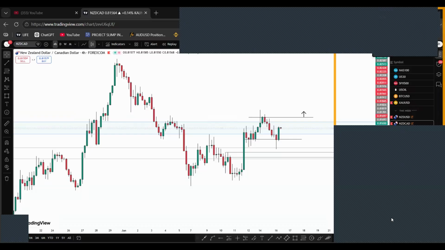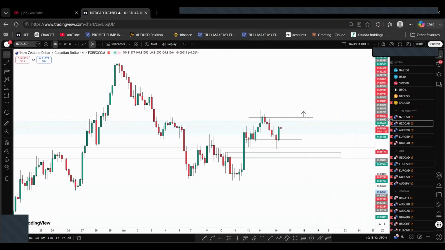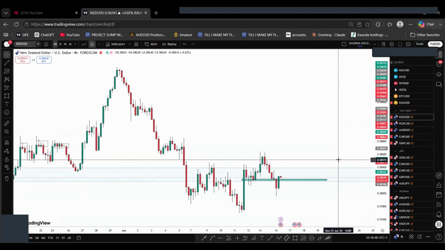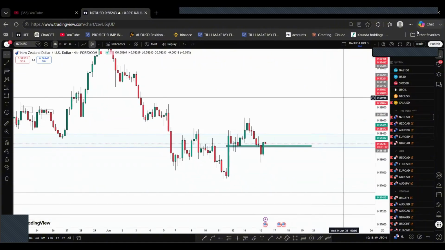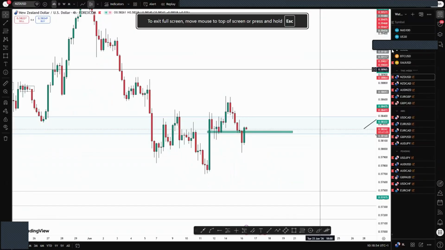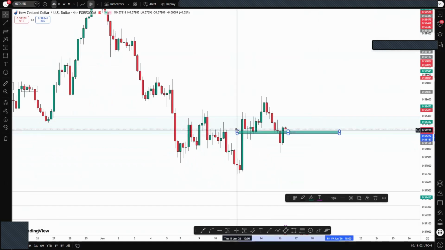Welcome back, guys. So this is our market update. NZD/USD is the first pair we look at. So as you can see, the 4 hour break has retested. I was telling you we might get this retest.